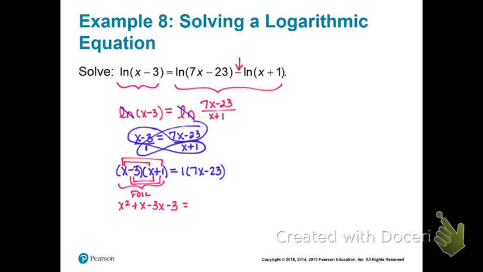And I'm going to combine those like terms. So I have x squared minus 2x minus 3. On the right side of the equal sign, we're just going to distribute that 1, so we just get 7x minus 23. And I'm just going to bring that down.